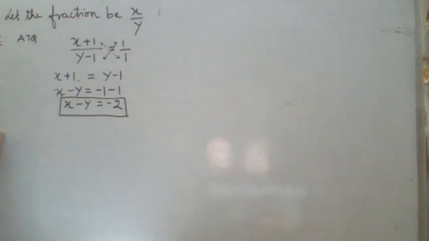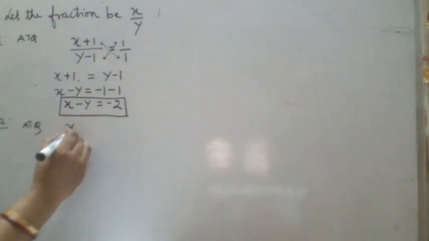Now let us take case 2. According to the question, in case 2, the fraction becomes 1 by 2 if we only add 1 to the denominator. That means we are not changing the numerator; it remains the same. Only thing we change is we add 1 to the denominator.